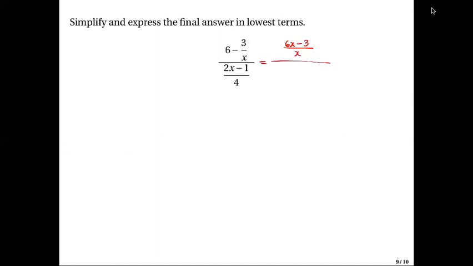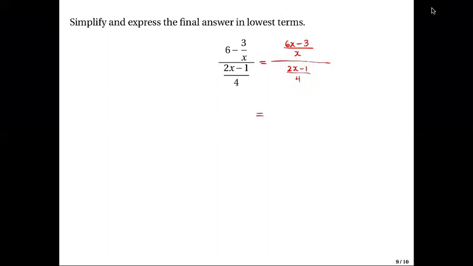And then, on the denominator, you still have 2x minus 1 over 4. For this one, you can factor out 3. Okay? And then from division, let's just write this in multiplication form. So we need to get the reciprocal of this. So let us do all of that.